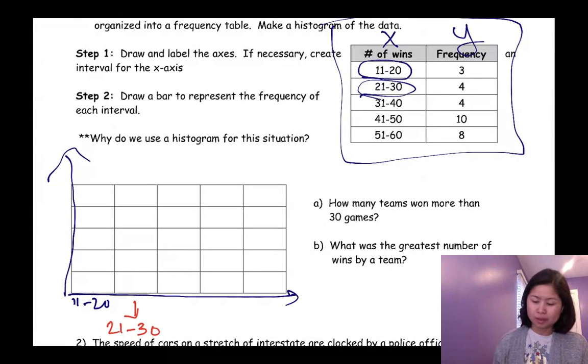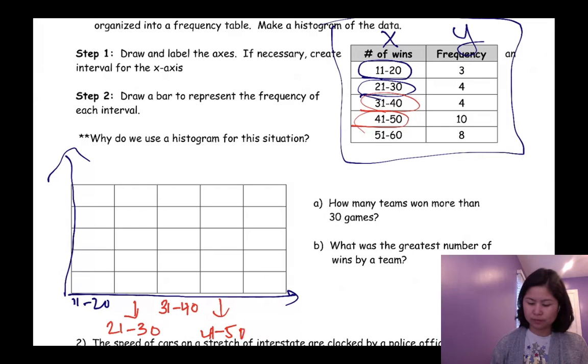That will work too. So just again, the X value is the first column, so that's where I label my values. And then 31, 40, 41, 50, sorry. Then 51, 60.